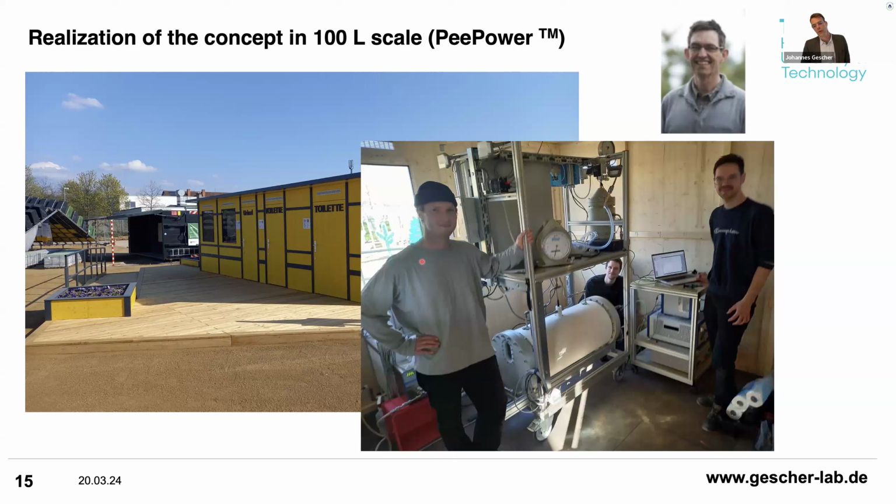Here you see what is actually in the center of this little building: a 100-liter bioelectrochemical system. We have all these rotating discs in the middle. We measure hydrogen. We have a potentiostat in order to adjust the potential. And these three guys here are very important in this time period of 9 months in which the system operated.